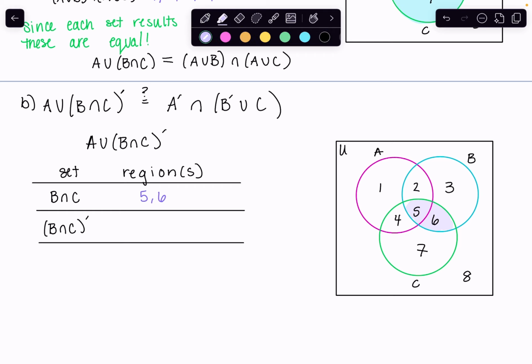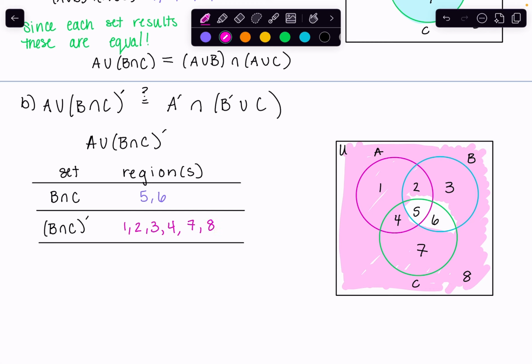So if I take the complement, it's everything except 5 and 6. So if I shade that in, it is everything on the outside of that. Trying to make it as clean as possible. So I no longer need that region here. So my actual set that I'm talking about is 1, 2, 3, 4. Not 5 or 6. So then 7 and 8.